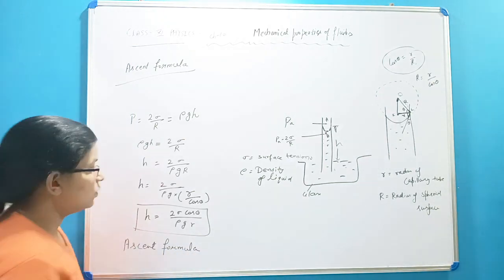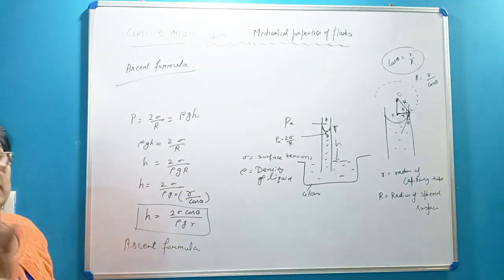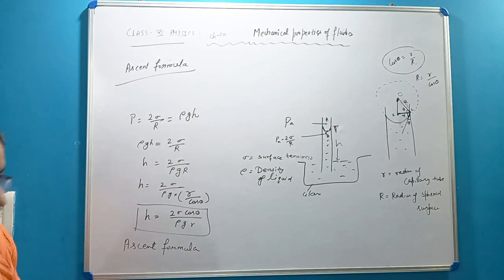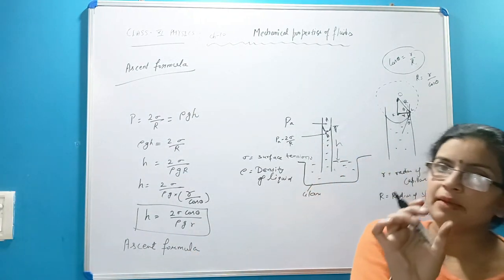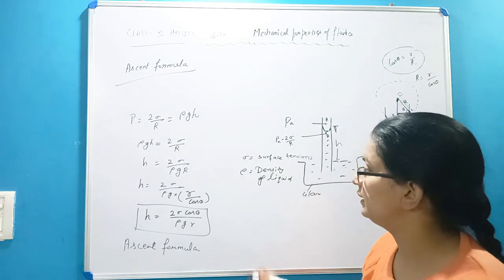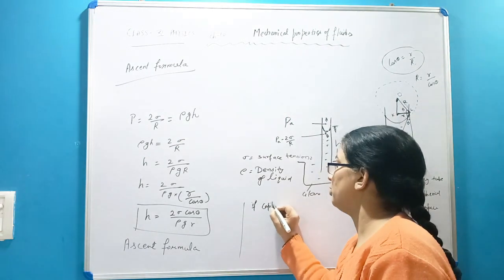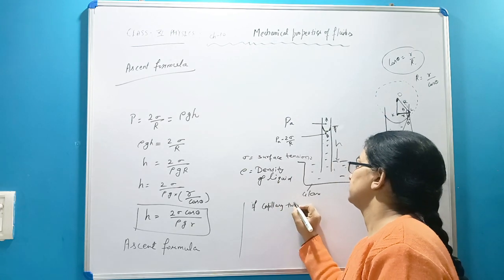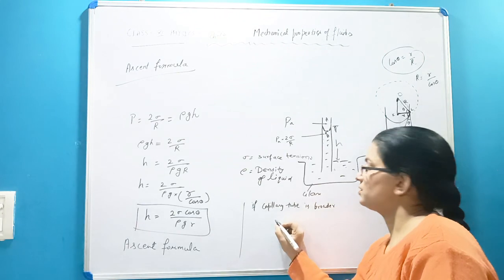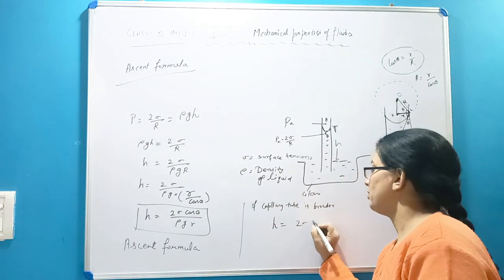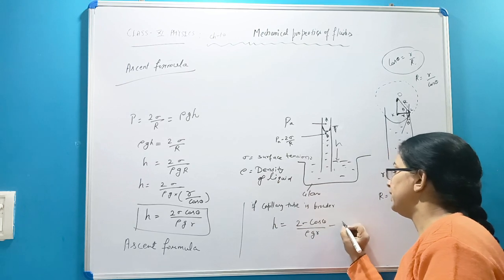This expression is for a very fine-bore capillary tube. Suppose you have a capillary tube whose dimension is more, that means it is broader. In the case of a broader capillary tube, we substitute the formula h is equal to 2 sigma cos theta by rho g r, minus r by 3.